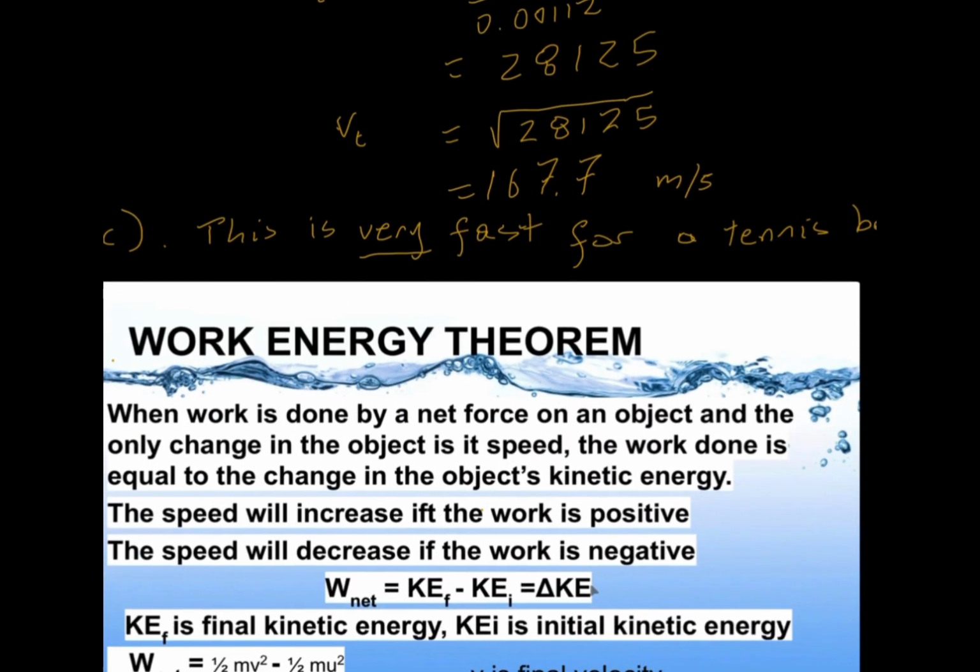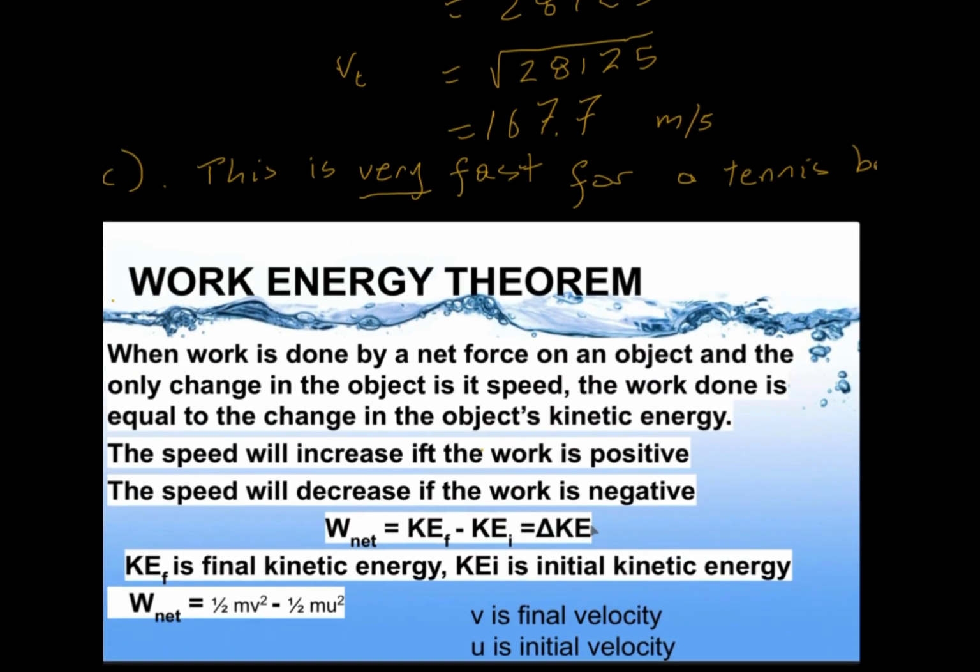Let's look at some more ideas under the work energy theorem. So when work is done by a net force on an object, the only change in the object is its speed. The work done is equal to the change in the object's kinetic energy.